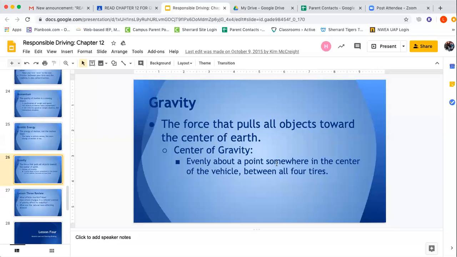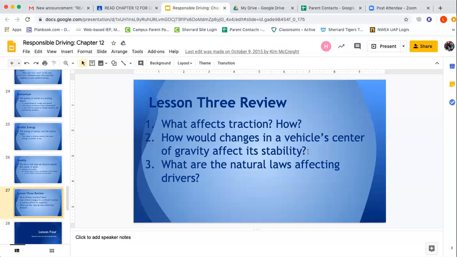Well, let's say you have a flat tire and now you're only on 3 tires. That changes your center of gravity. So that's how it would affect, obviously, the stability. Your car, you can't keep it straight if you're on 3 tires because your center of gravity or your stability is affected.